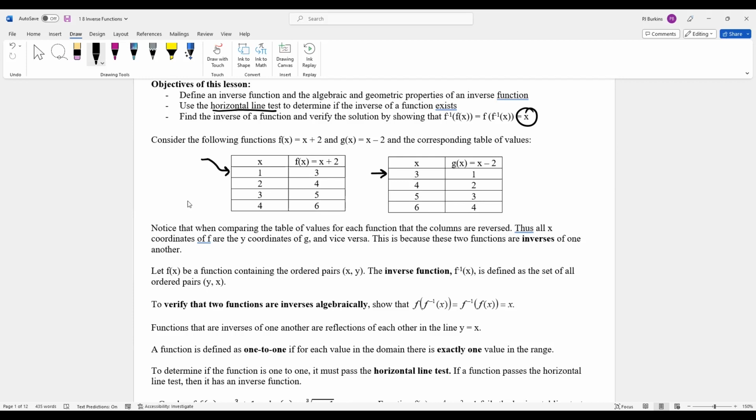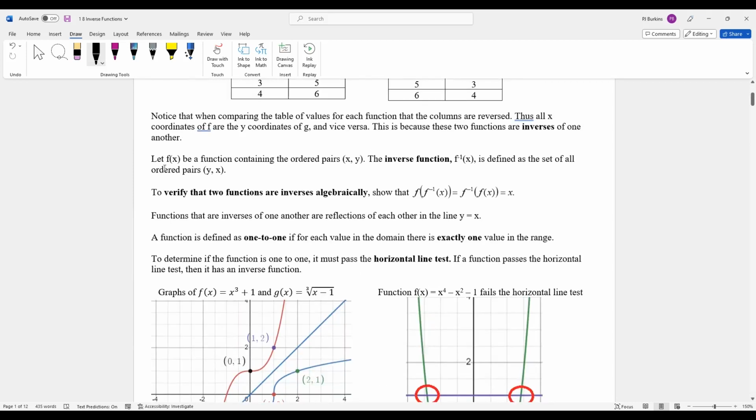So one of the properties of inverse functions is that the coordinates x, y for the first function become the coordinates in reverse for the other function. So the x value is actually the y, and the y value is actually the x for the second function. Okay.